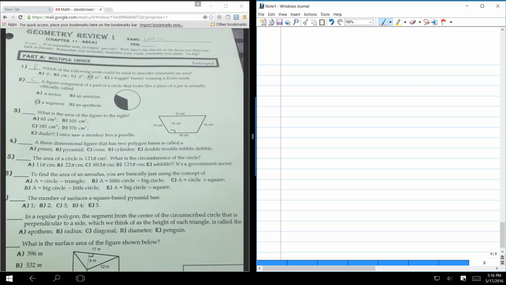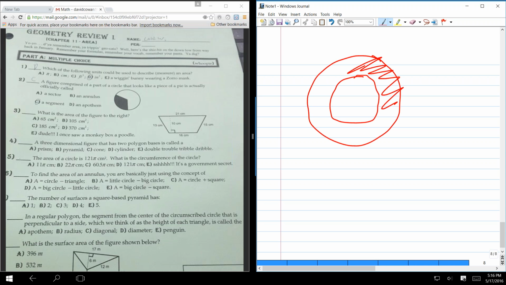I think it's like the shaded area problem, but with a circle. So you have two concentric circles, and the shading is the outside. Is that the annulus? Yeah, I think so. The donut? Mm-hmm. So it's a donut minus the hole. Yep. So it's big circle minus little circle.